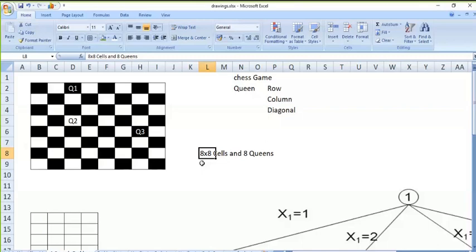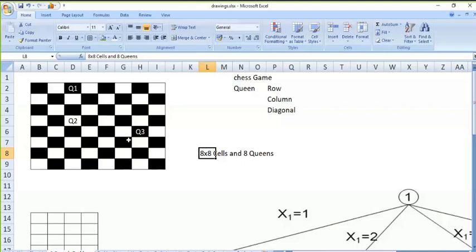We have to keep the n queens in such positions that none of the queens should be in attacking position, meaning none of the queens should get attacked by any other queen. So we need to find the solutions over here.